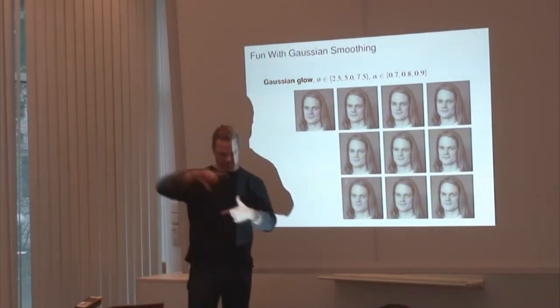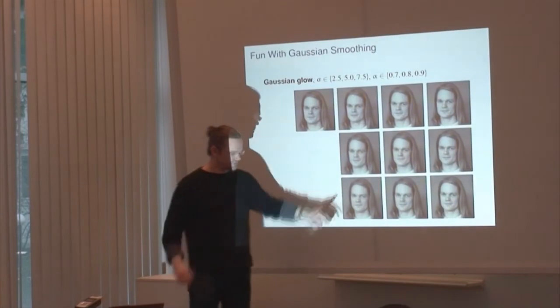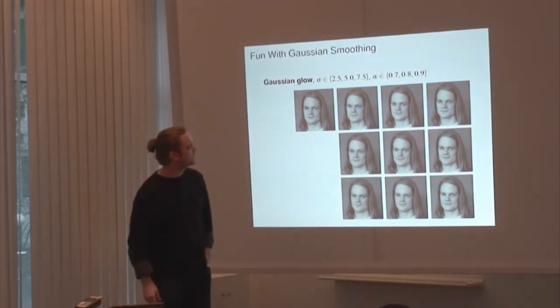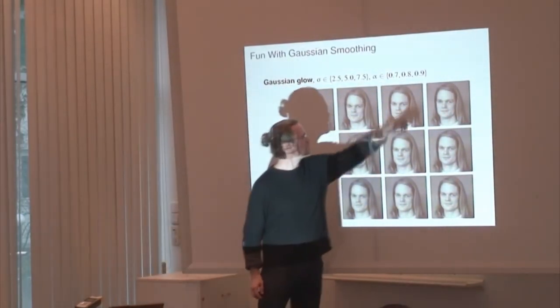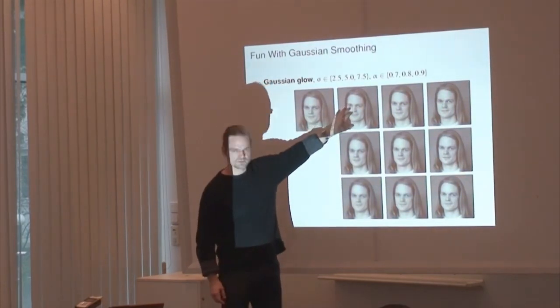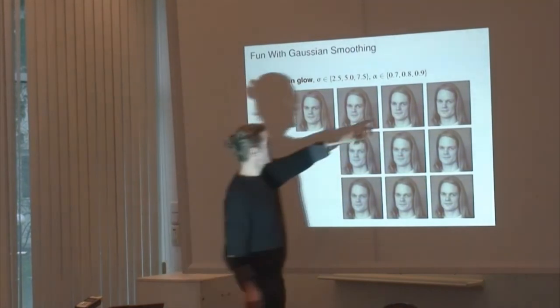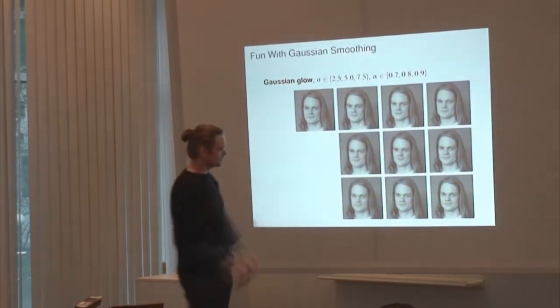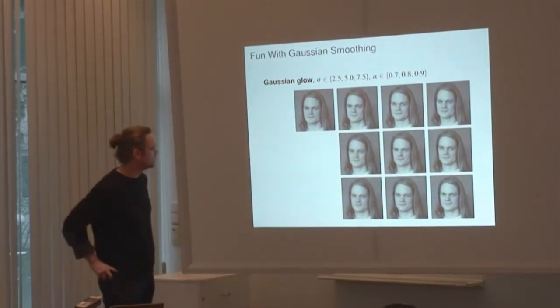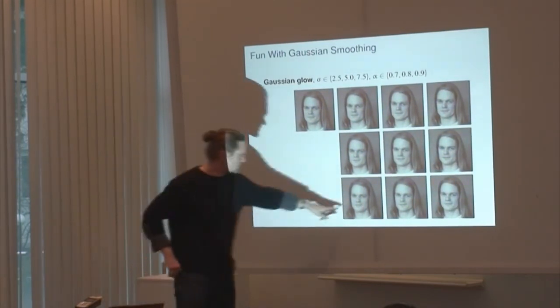In the second row, it was 5, so a larger kernel, and here it was 7. And I have chosen different values for alpha. So here alpha was 0.7, that is 1 minus alpha is 0.3, and here it was 0.8, 0.9, and there you go. And the image on the previous slide, I guess, was this one.